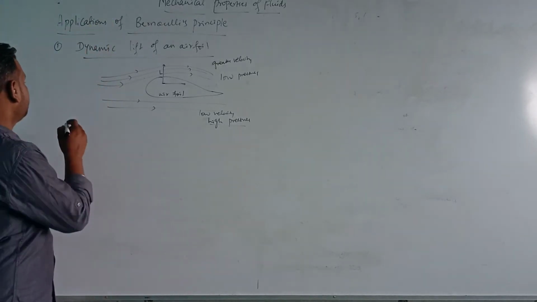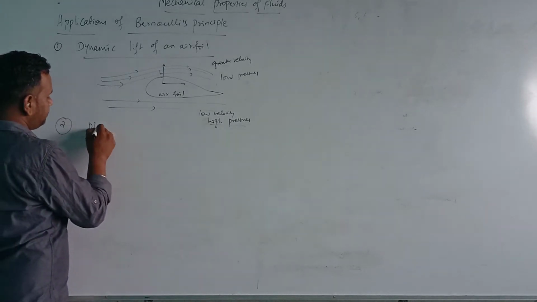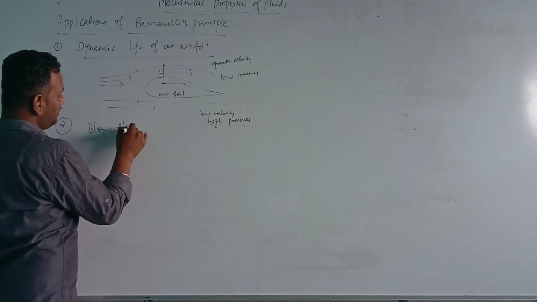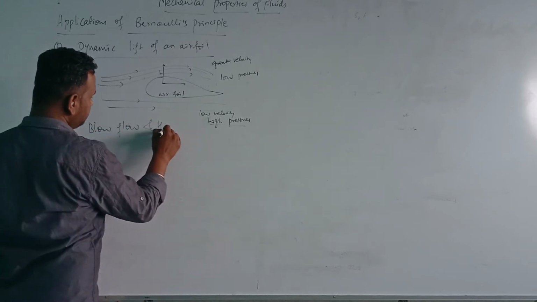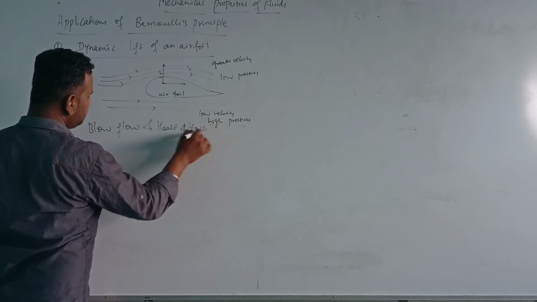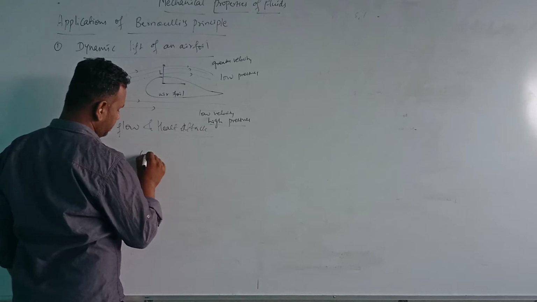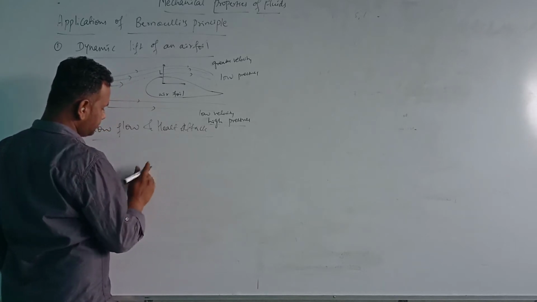So this is one application, and the second one is blood flow and heart attack. How does a heart attack take place? Normally, say for example, you have an artery.